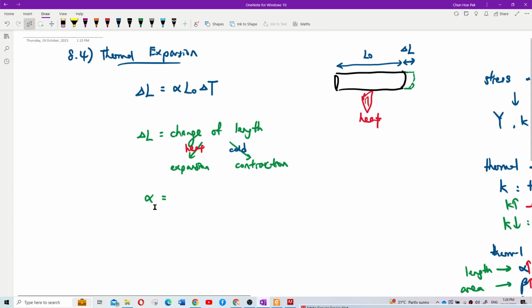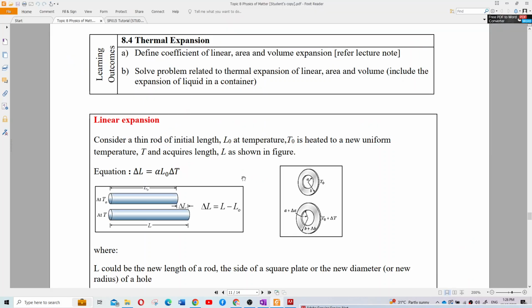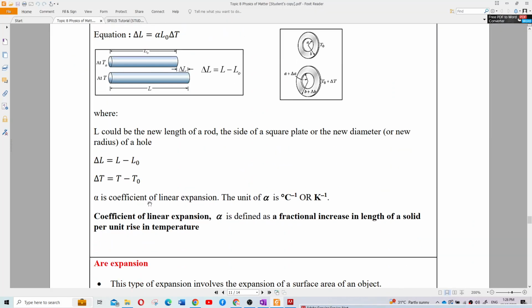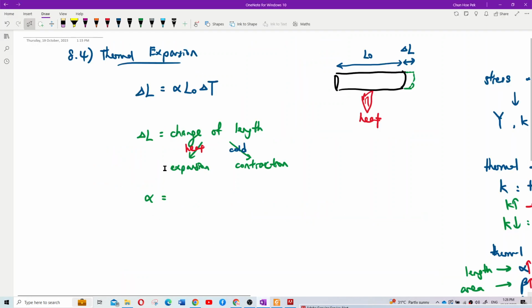Now, again, what is the name of alpha? Okay, look at the notes. Alpha is the coefficient of linear expansion. Now we are focusing only on length, so this is linear expansion. Linear expansion means length, the expansion of length.